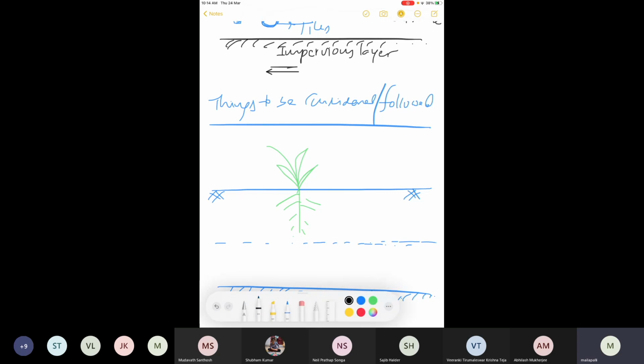Now the first thing you have to know is the soil information, number one. So what is that soil info? What is the soil type?